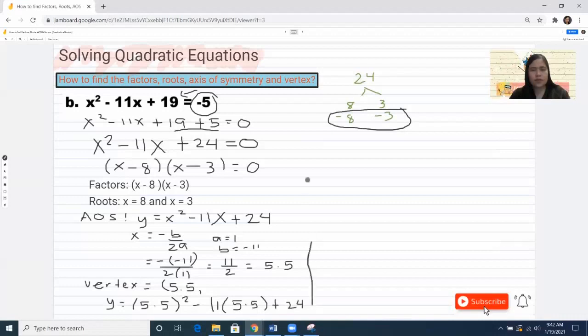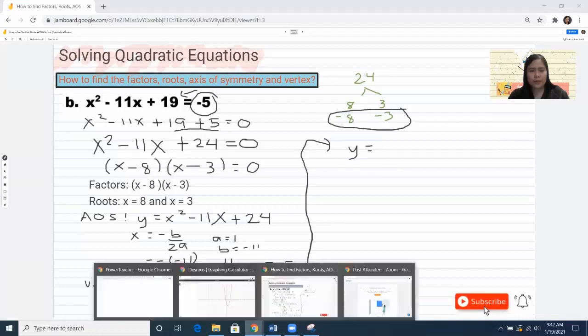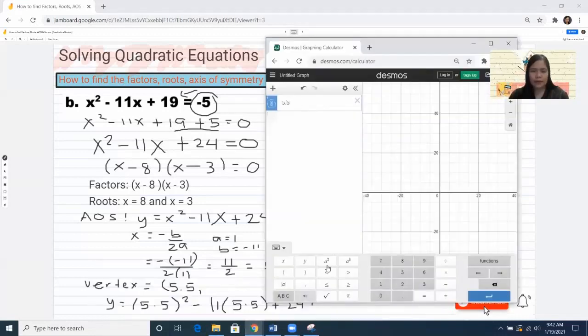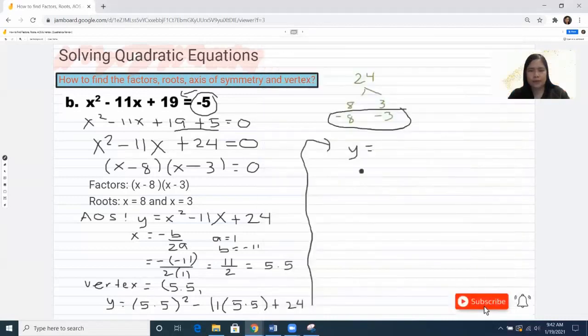Okay, let me just continue the discussion in here. y is equal to 5.5 squared. You may use the Desmos graphing calculator in here also. What is 5.5 squared? So 5.5, then click square in here, and you will see the answer. It is 30.25. So just write 30.25.